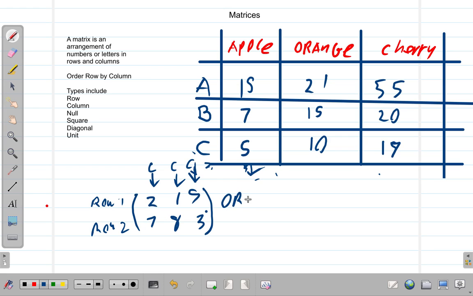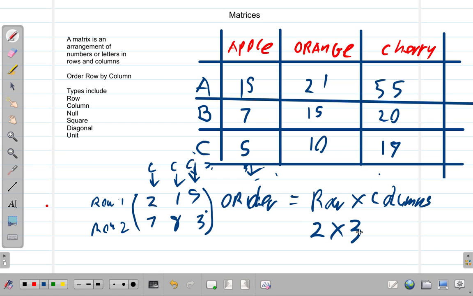So the order of this matrix is, remember, written as rows by columns. Generally, it's rows, multiplication sign, columns. So it is a 2 by 3 matrix. The order of this matrix is 2 by 3. It means it has 2 rows and 3 columns. All right? You see that? 2 rows and 3 columns.